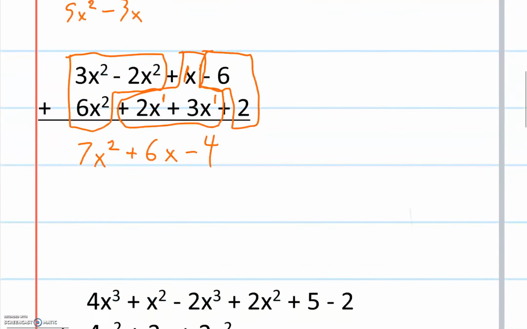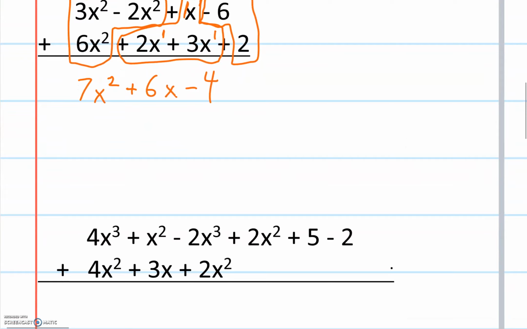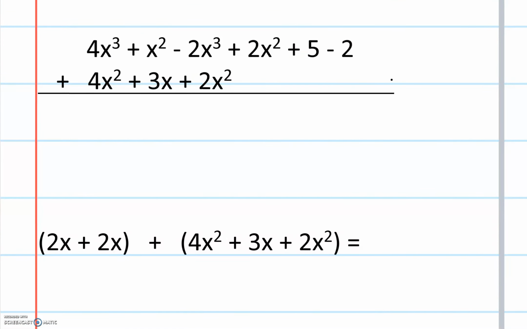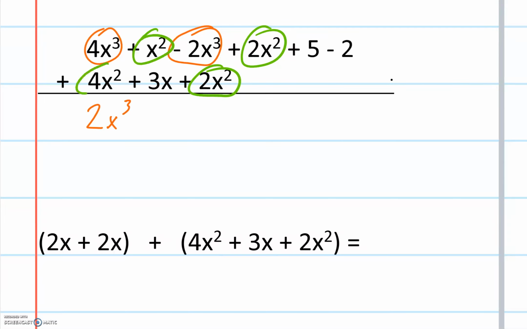Alright, I'm going to start going a little bit faster through these, one at a time, because these are a little bit longer questions. So looking for the highest degree, well, there's degree 3, degree 3, so 4 minus 2 is 2x cubed. Next degree, we have degree 2, degree 2, degree 2, degree 2. This has a little invisible 1.